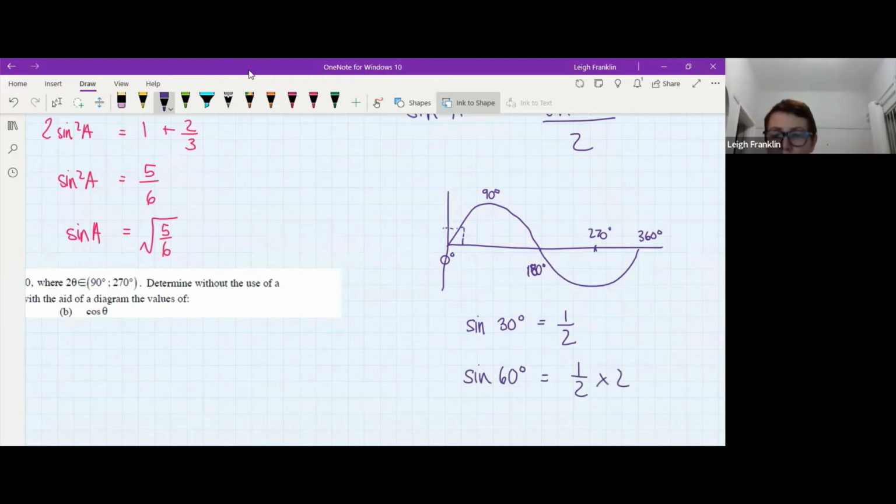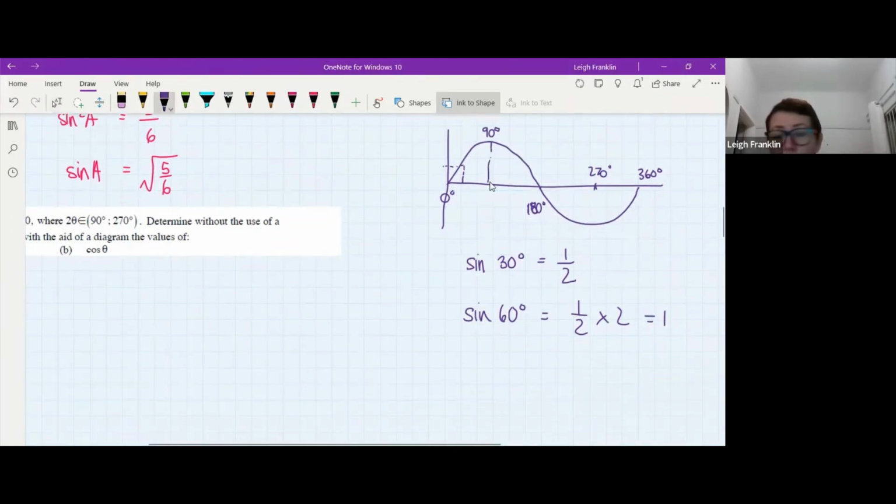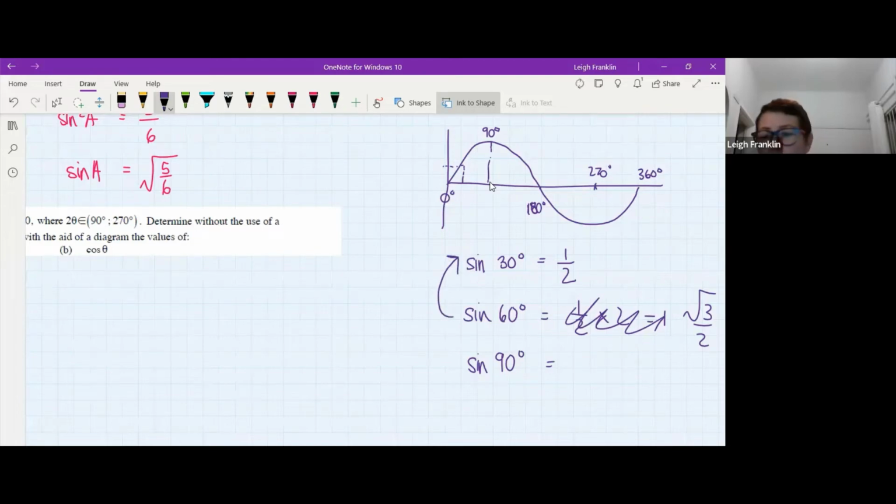It's double it, so it's equal to 1. Is that true? No, I'm writing absolute nonsense, aren't I? We know that the sine of 90 is equal to 1. So here the sine of 60 is actually √3/2. Can you see that when we halve the angle, we're not halving the ratio? Does that make sense to everybody?